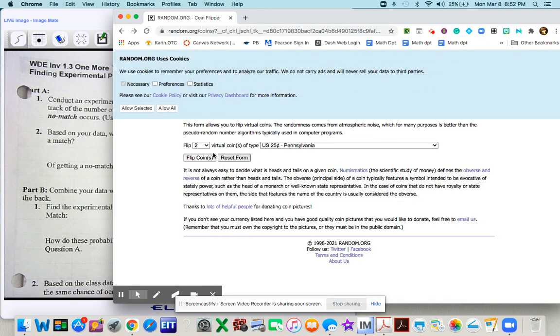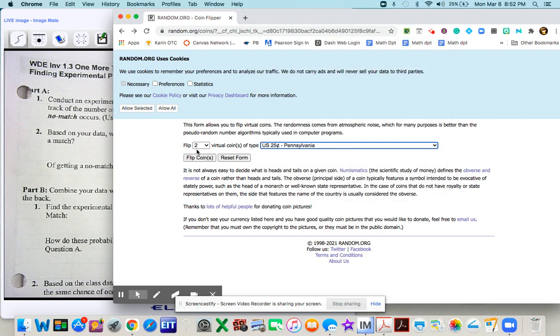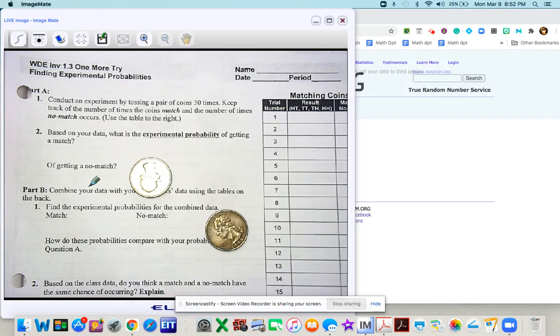You would just have to go to flip 2, and then I changed it to 25-cent piece. I just used Pennsylvania. And then you could flip the 2 coins digitally and write down heads and tails, or whatever you get. So I can go back to this one though.